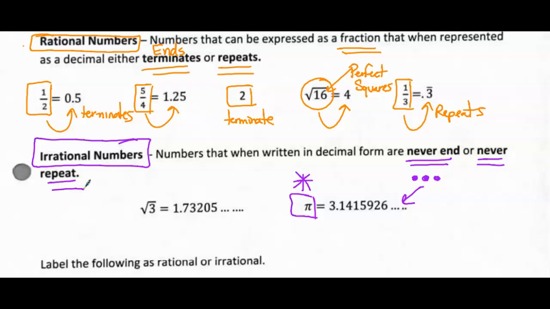If you put pi in your calculator, and pi is underneath the clear button, you have to press second caret. It's going to end on your screen because your screen only goes so far. But 3.1415926, yada, yada, yada, never ends, never repeats, is irrational.